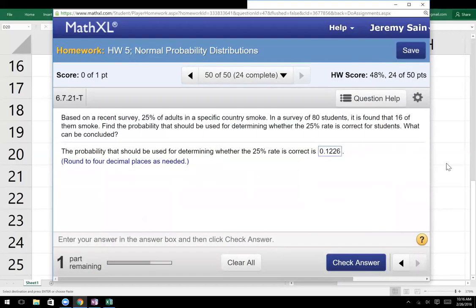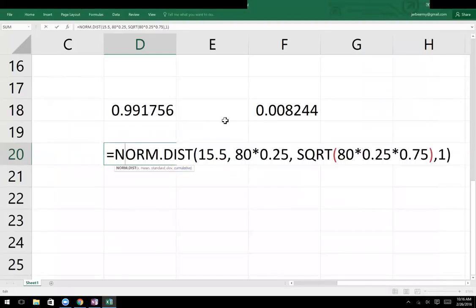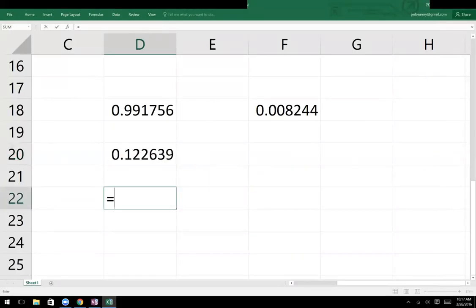Okay, sorry. That was only half of it. That's the probability of 16 or less, but it wants us to actually find the probability of 16.